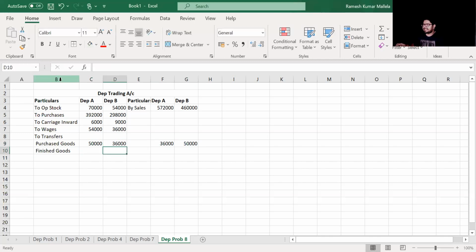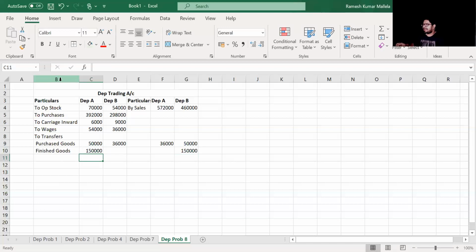Clear? Same way finished goods. Finished goods, please see. You have finished goods, less returns also. Returns are also there. You need to be cautious here. Okay. So finished goods transferred by B to A. That means in A you have got 1,50,000, and in B it got reduced by 1,50,000.